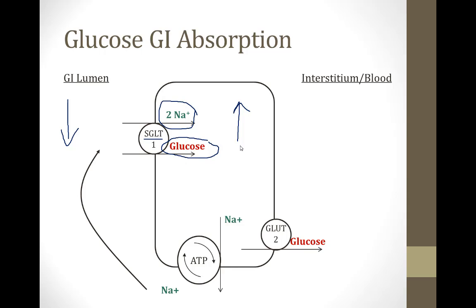Inside the cell, the concentration of glucose is relatively high compared to the interstitium or the blood where it's relatively low. So therefore, one of those GLUT transporters that does not require sodium can work on the other side of the cell and allow glucose to leave the cell going down its concentration gradient like I've shown here. The sodium is then pumped out using ATP to create a high concentration of sodium outside the cell, which can then be used to drive more uptake of glucose.